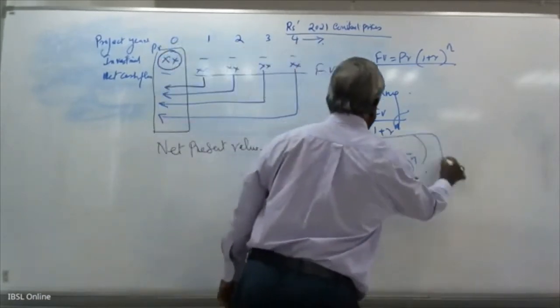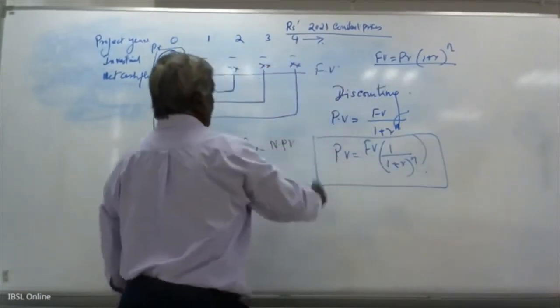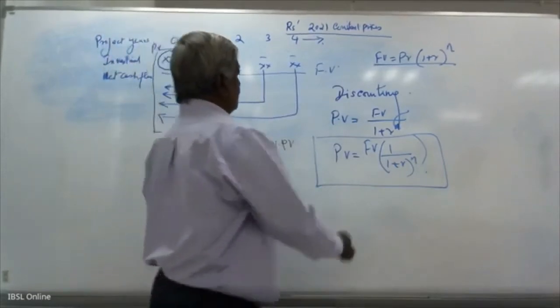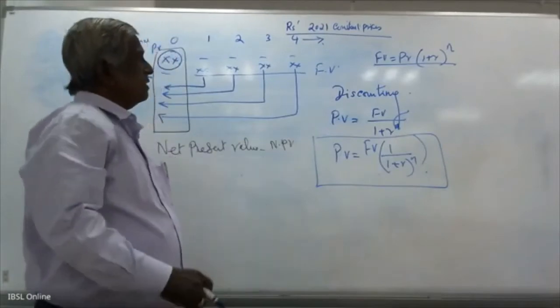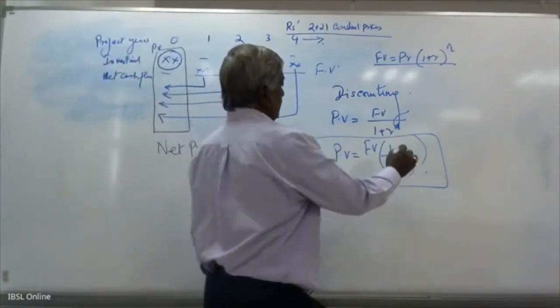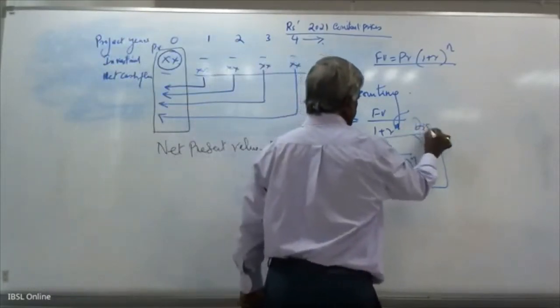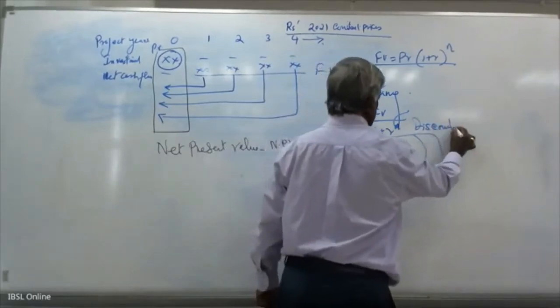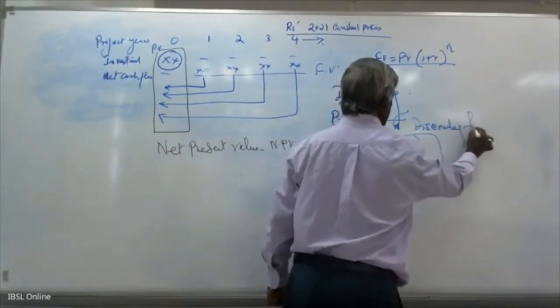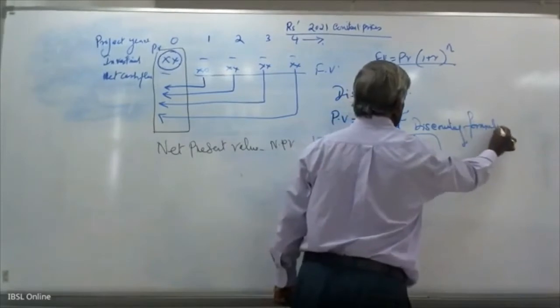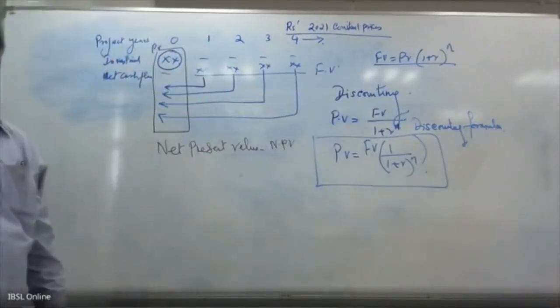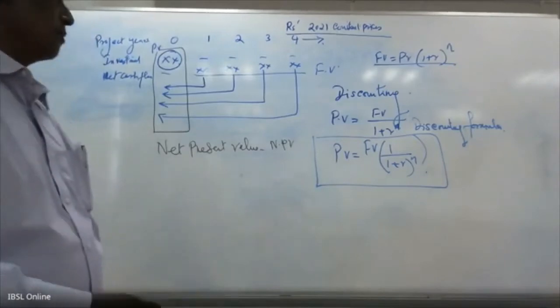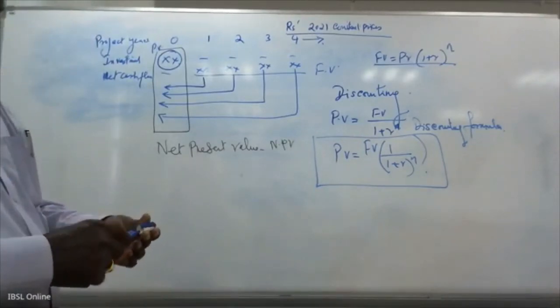This is the formula derived from the compounding formula. This we call the discounting formula.